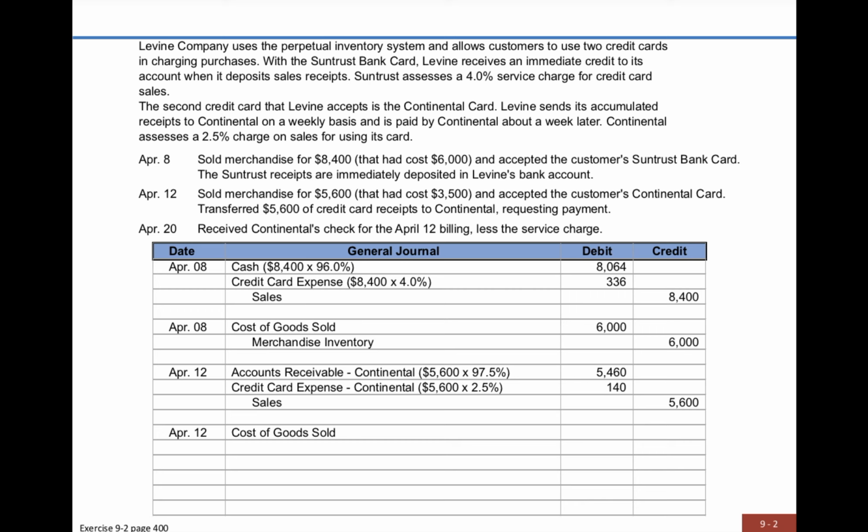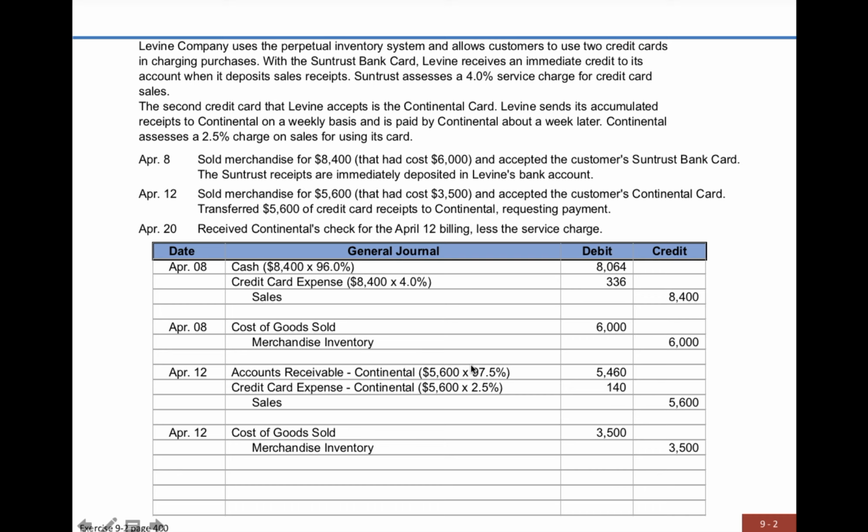And then for April 20th, we received the account receivable payment for this amount here, which would then just be for the 97.5% that was owed to us. And that's that one.